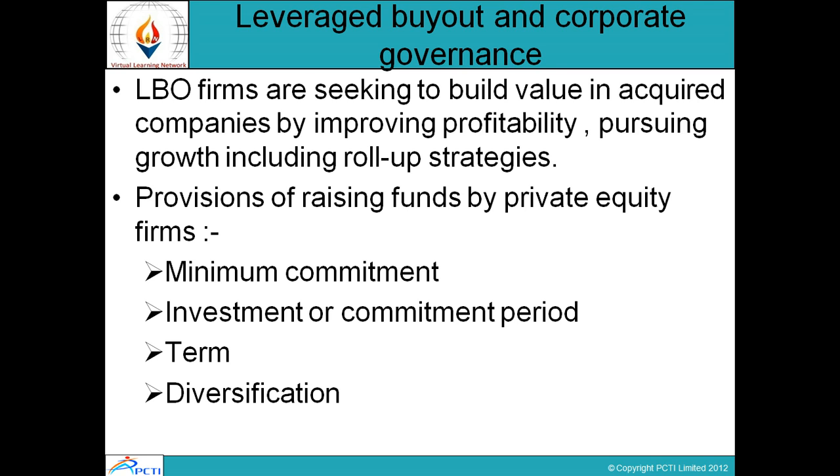The second half of the period is reserved for managing and exiting investments which are made during the commitment period. The last one is diversification. Most funds' partnership agreements stipulate that the partnership may not invest more than 25% of the fund's equity in any single investment.